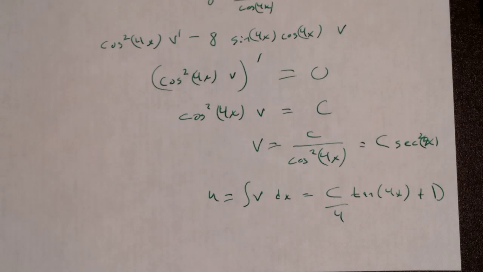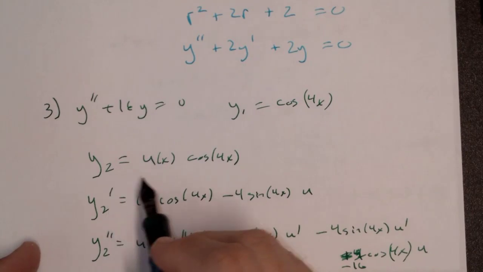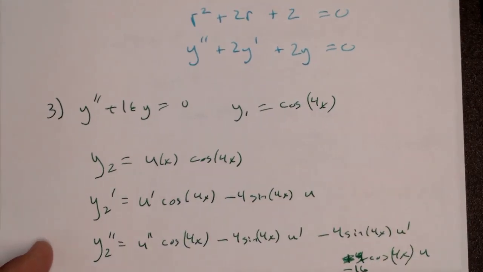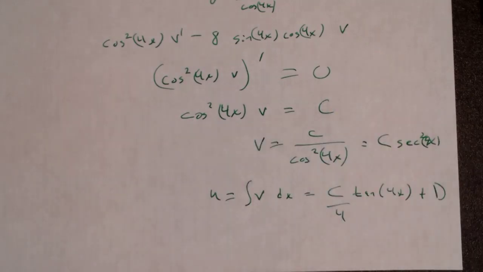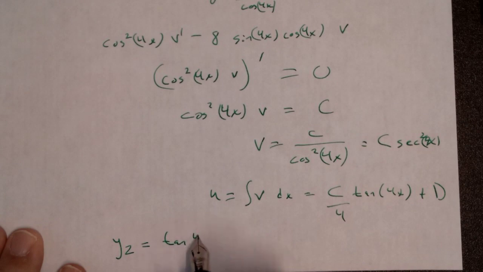Why? Because where does u come into the game? y2 is u times cosine 4x. So now I can say that y2 is tangent 4x times cosine 4x.